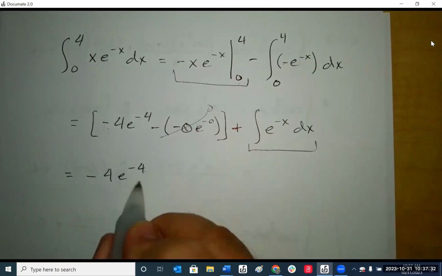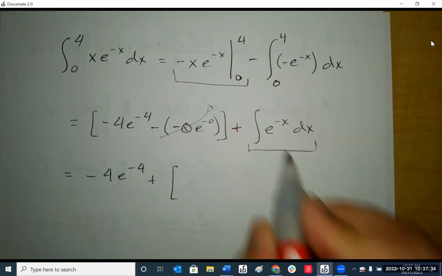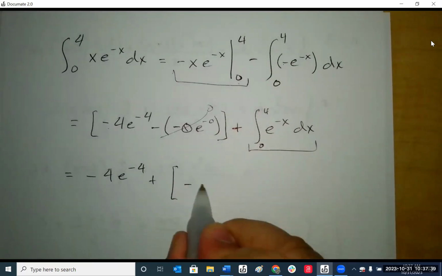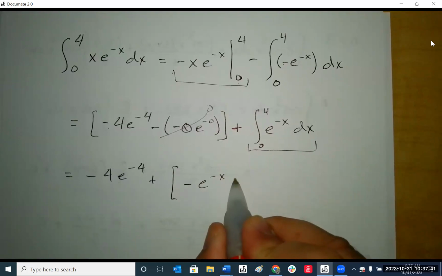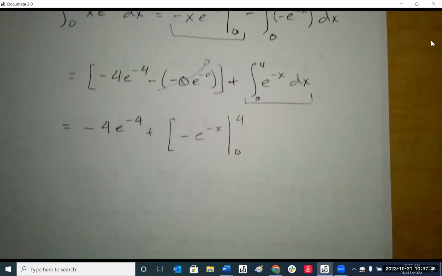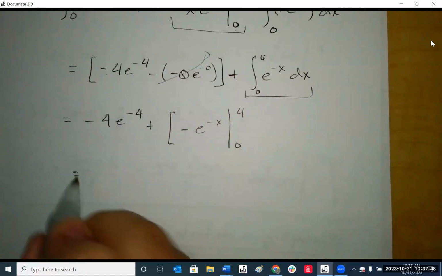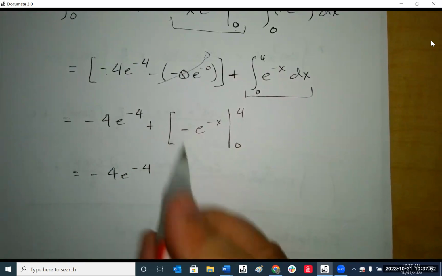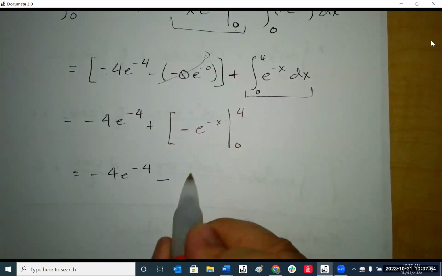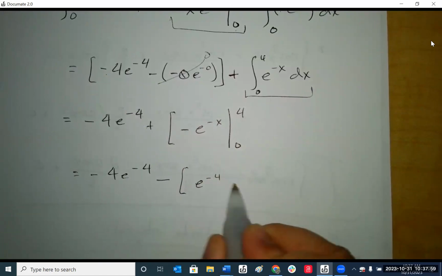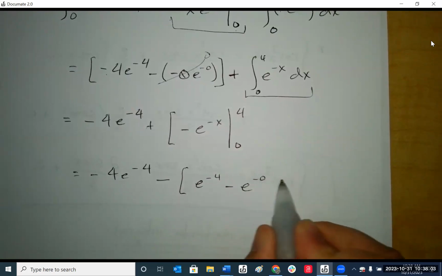And the integral from 0 to 4 is negative e^(-x) from 0 to 4. Minus, that was minus, e^(-4) minus e^(-0).